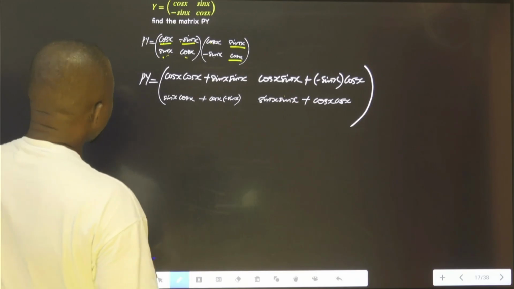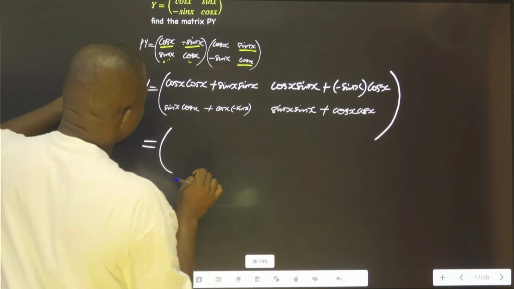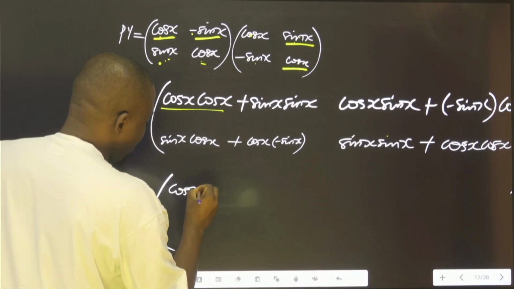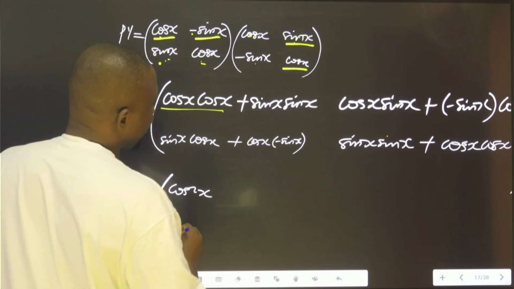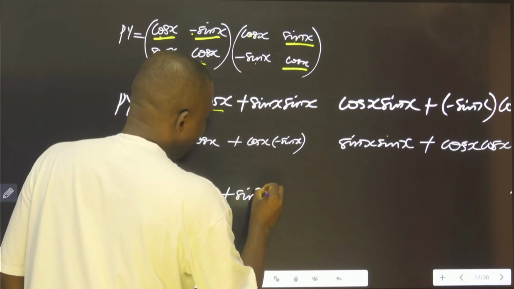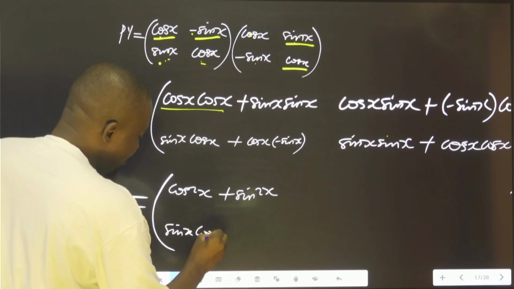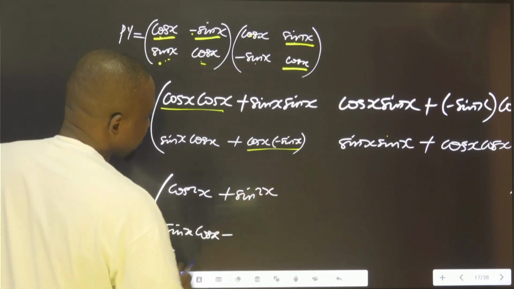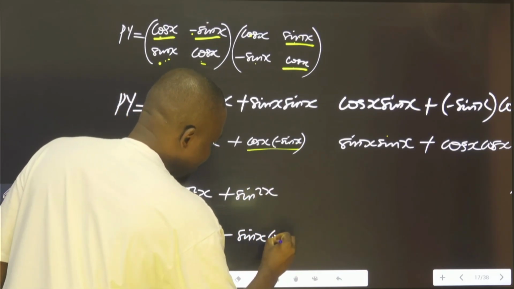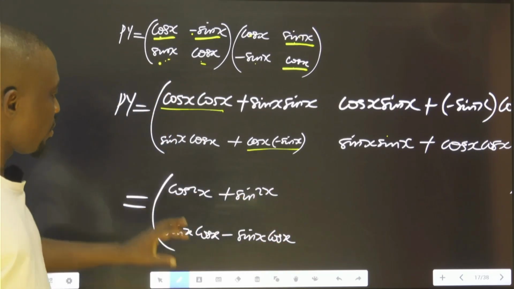This is simply equal to, as you can see here, cos square X plus sin square X. This one is simply sin X cos S minus sin S cos S. Can write it as cos S sin S. Either way, you are okay.